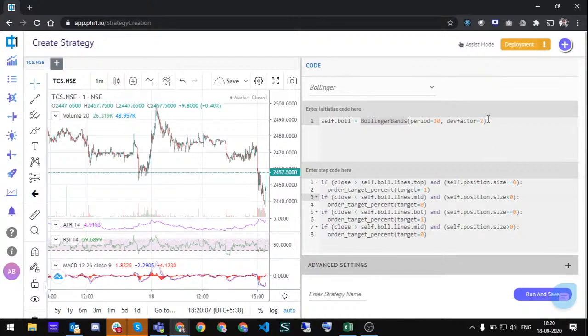One more question that I noticed was, is there a way to learn these parameters? In terms of learning the actual period and the deviation, I'm assuming that's the question. If you're trying to learn what is the best parameter to use, Gaurav, do you have any ideas on parameter tuning?